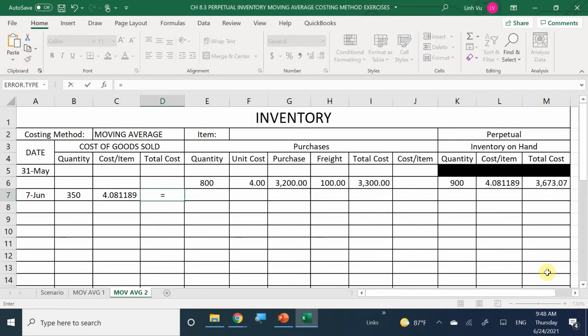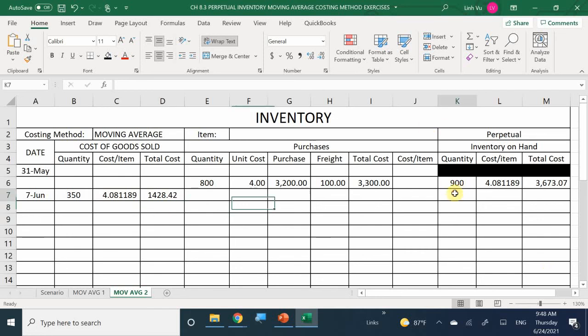So your total cost is 1428.42. $1428.42. Okay, good. So let's go ahead and update and subtract that out of my inventory.